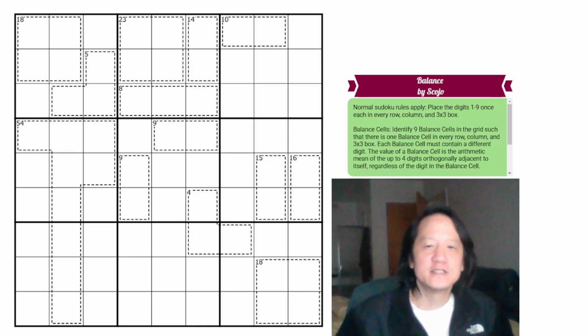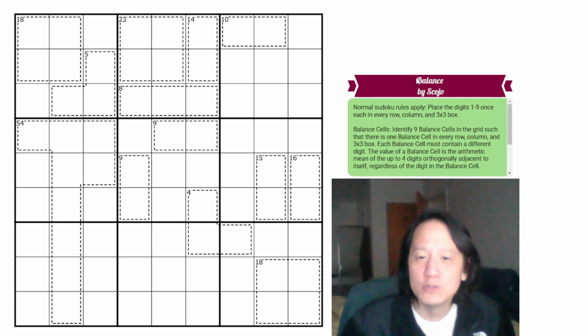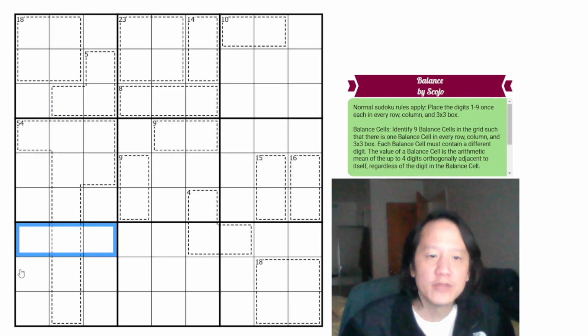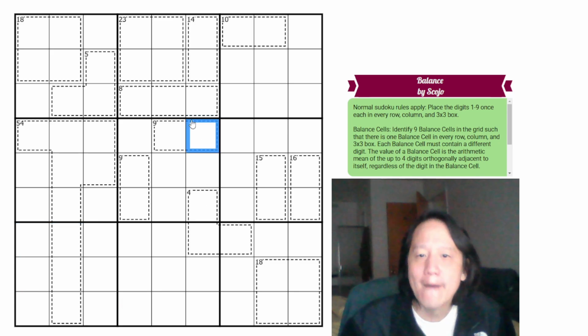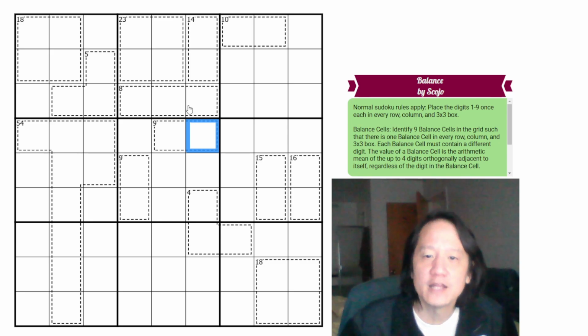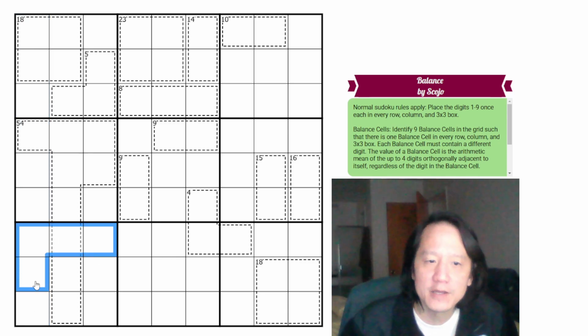And now onto today's rules. Normal Sudoku rules apply. Place the digits 1 through 9 once each in every row, column, and 3 by 3 box. Balance cells. Identify 9 balance cells in the grid such that there is one balance cell in every row, column, and 3 by 3 box.